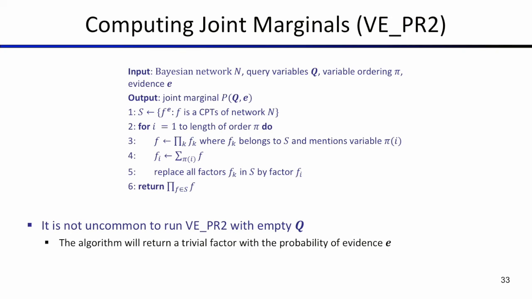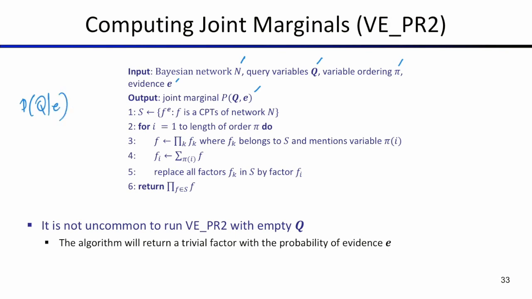So let's take a look. We have the Bayesian network N, we have the query variables Q, we have an elimination order pi, and we have now the evidence E. So we're going to compute the joint marginal, the probability of Q and E, right? And if you want, you can normalize later and get the probability of Q given E.